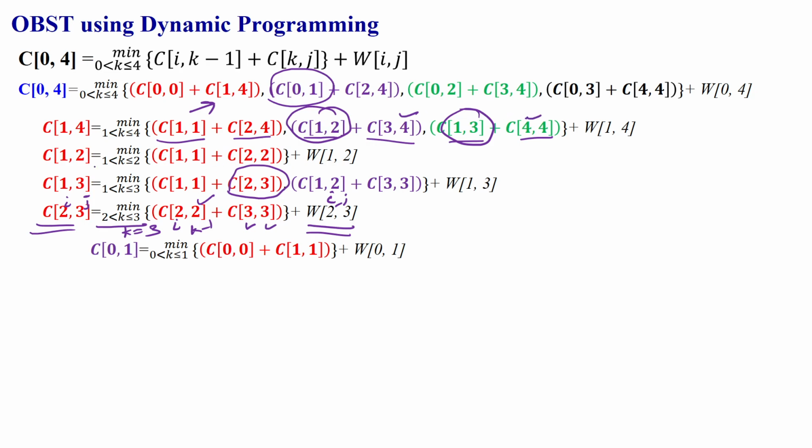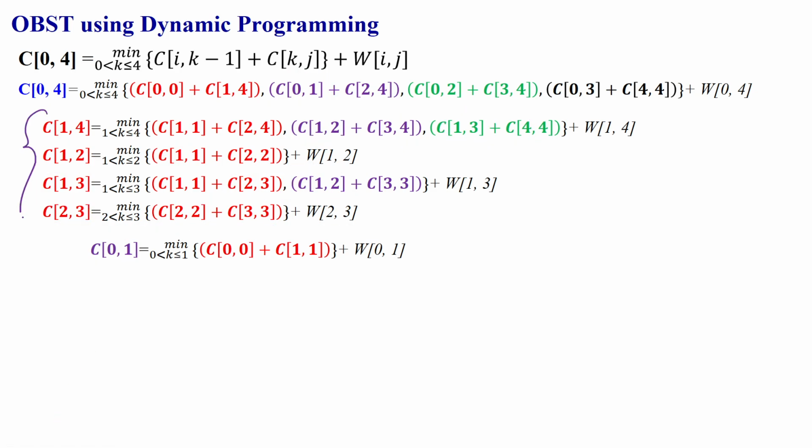So 1 comma 2 we found, then 1 comma 3 we found. In the 1 comma 3 we found one more value, that is 2 comma 3. Now we are going to identify 0 comma 1. For this 1 comma 2 we already found, that's why we left that. So next term c of 0 comma 1, right? So for this sub problem we are going to identify all these terms.